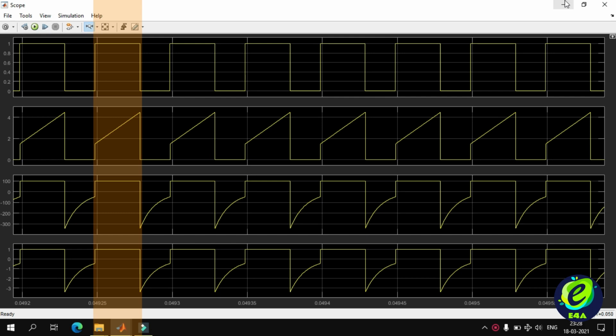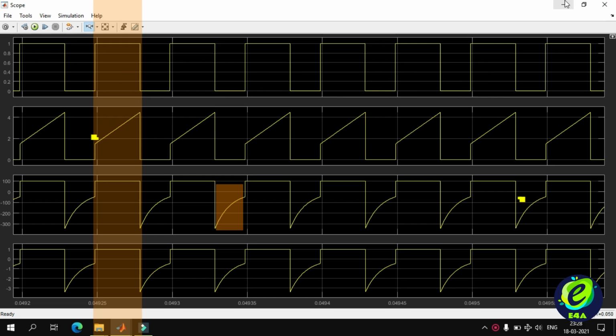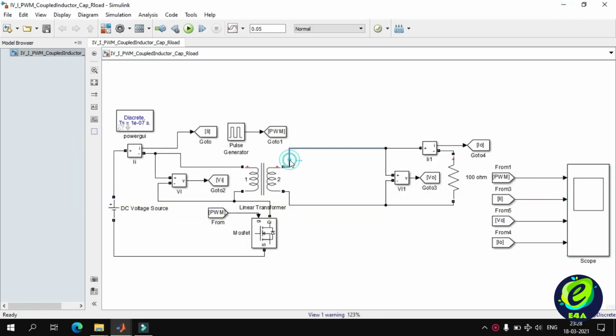We will need to find some solution to two phenomena that are occurring here and which are undesired. One is the voltage reversal on the output side, which can be solved by interchanging the connection of the transformer secondary and load.